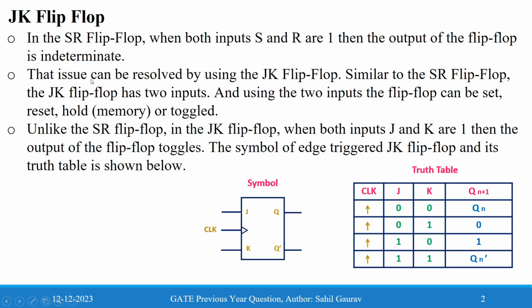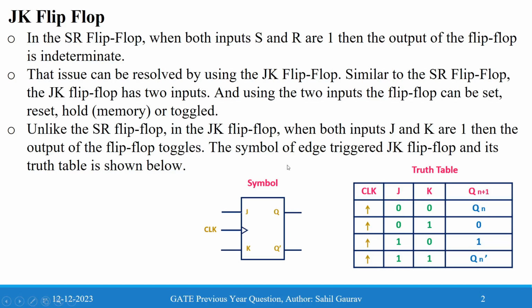That issue we can resolve by using the JK flip-flop. Similar to the SR flip-flop, the JK flip-flop has two inputs, and using them the flip-flop can be set, reset, hold, that means memory, or toggled. But unlike the SR flip-flop, when both inputs J and K are 1, the output of the flip-flop toggles.